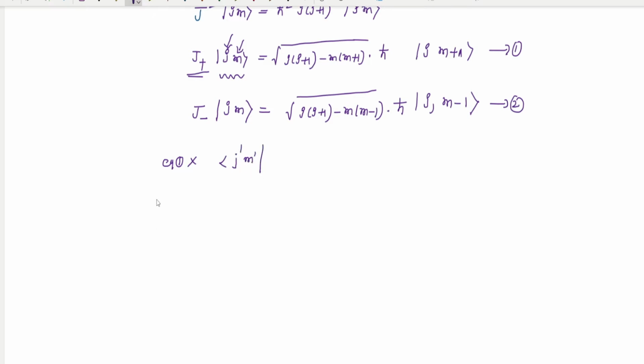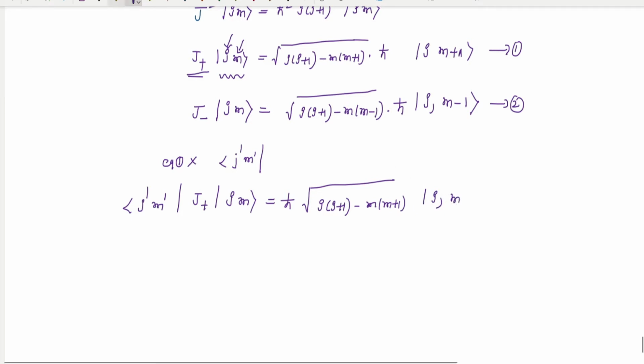After multiplying the bra vector in equation number 1, I got this equation: J plus, this is J, this is M, equal to H cross root of J into J plus 1 minus M into M plus 1, times the bra J prime M prime with the ket J, M plus 1.